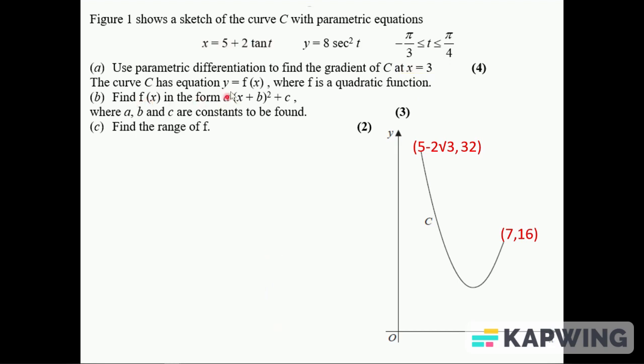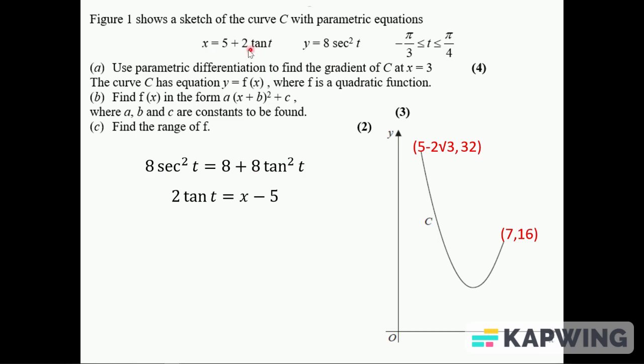And then part B, this is where we're going to use the trig identity to get the Cartesian form. So I use sec squared is 1 plus tan squared. It's tempting to write sec squared is y over 8. What I'm going to do though, I'm going to multiply this all by 8, and then I'll have 8 sec squared t here. Saves me getting some fractions involved. And then I just need 8 tan squared t.